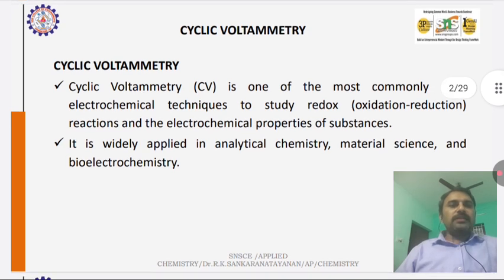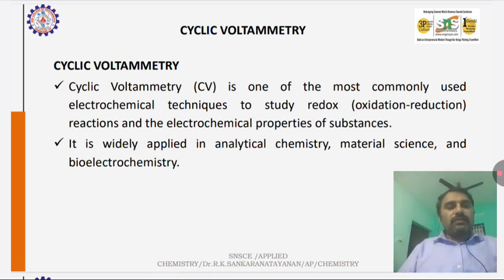Cyclic voltammetry is a chemical technique, as I already said, with which we can find the redox reaction. What is redox? Reduction and oxidation, both happen in the same reaction, which we call a redox reaction. For example, take ferrous ion: ferrous will get oxidized, forming Fe2+ to Fe3+.